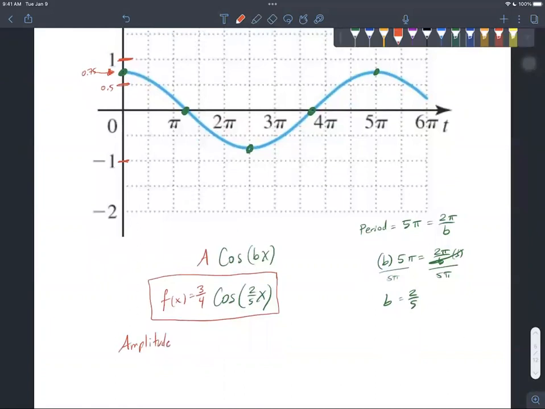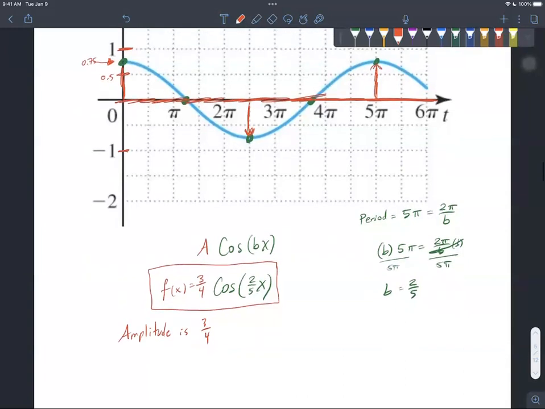This essentially means how high the function goes from the axis down the center of the cosine graph. In this case, it's just the x-axis. So how high or how low this function deviates from that axis, and that is 0.75 or 3/4.